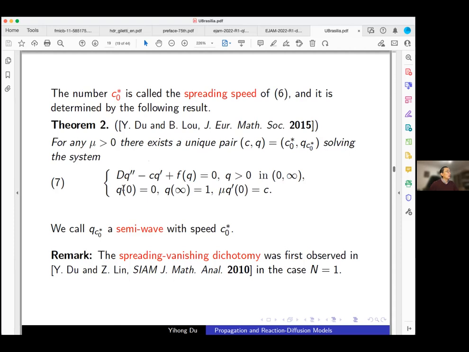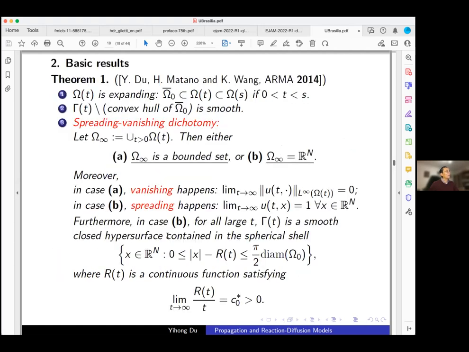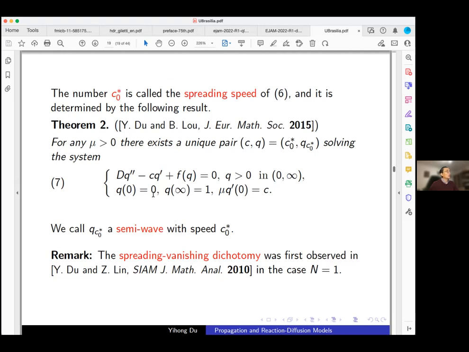And apart from the two boundary conditions, the free boundary condition gives you a third additional equation here. But this problem has a unique solution pair. So this C0 star, the speed of the traveling wave, is the spreading speed, as proved here. To distinguish this traveling wave from the normal traveling wave, we call it a semi-wave because it's defined over a half line.